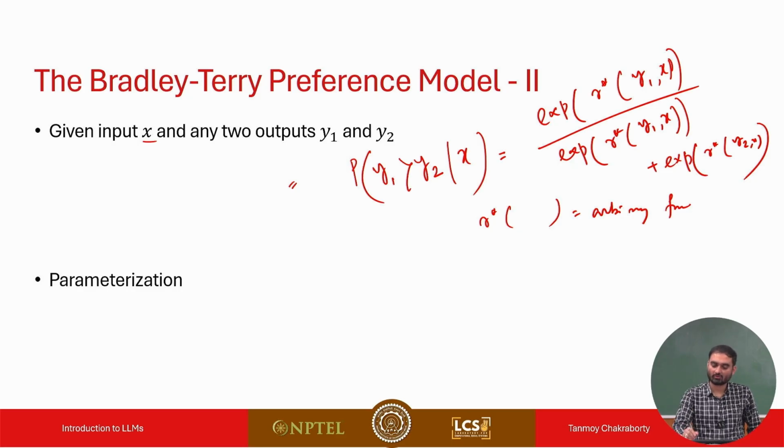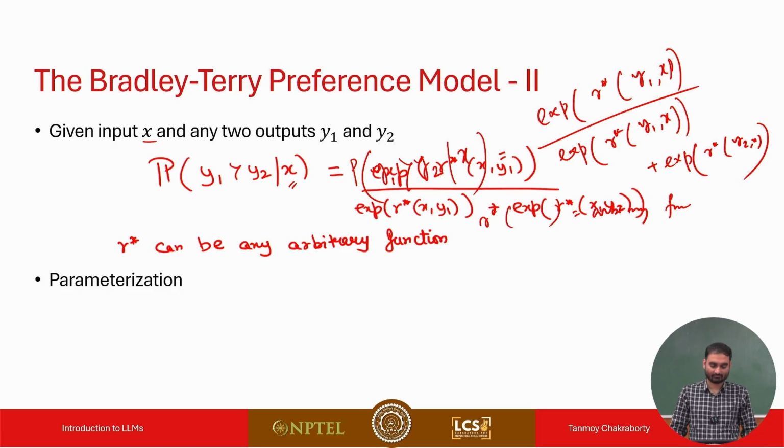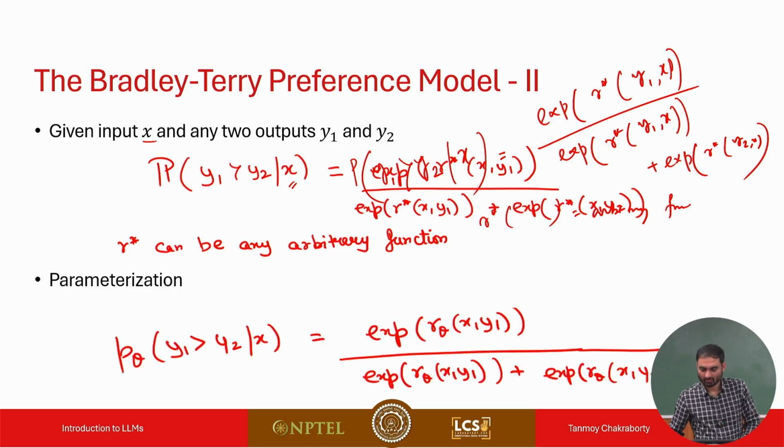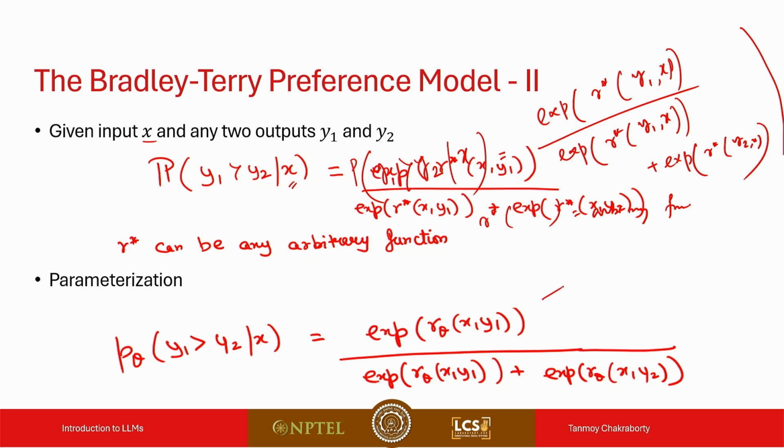Now we do not know how we get this r star, right? So then what we say is that, okay, let us parameterize this. Let us have some model theta which will essentially determine this r star. So instead of writing this, now I will write this one: exponential of r theta x comma y1 by exponential of r theta x comma y1 plus exponential of r theta x comma y2.